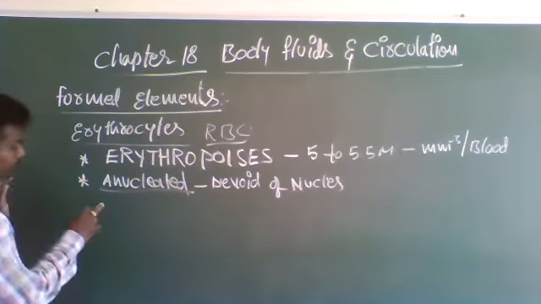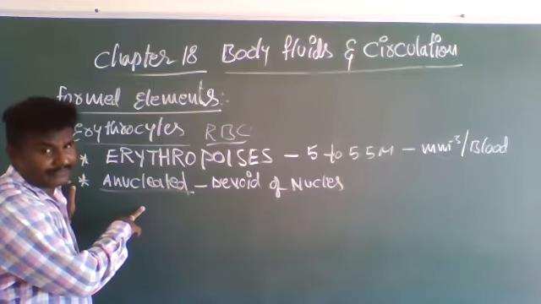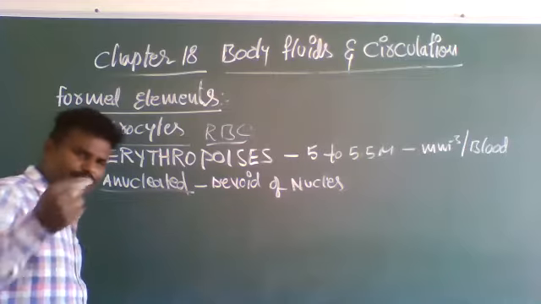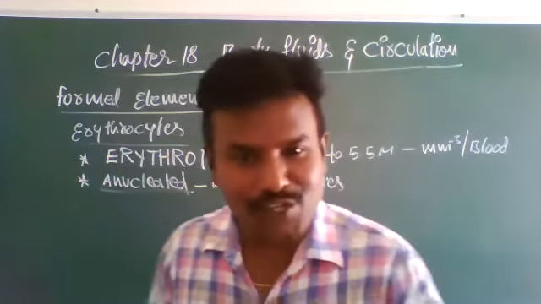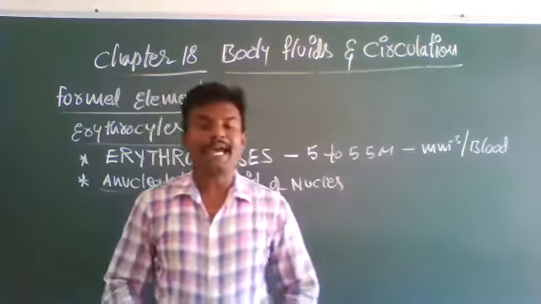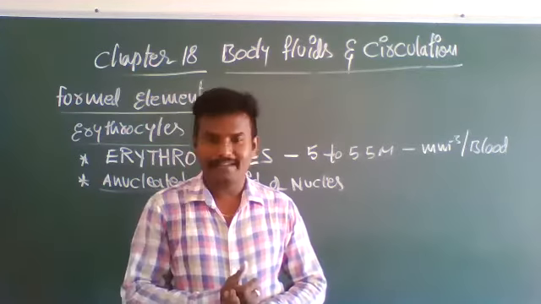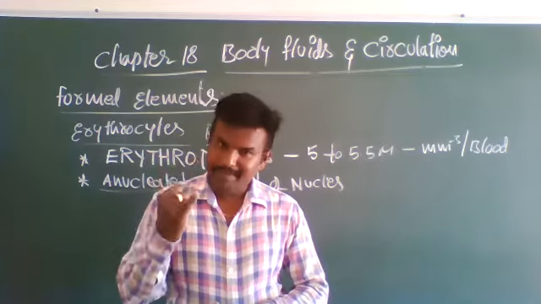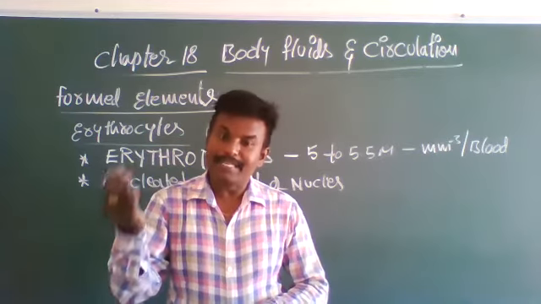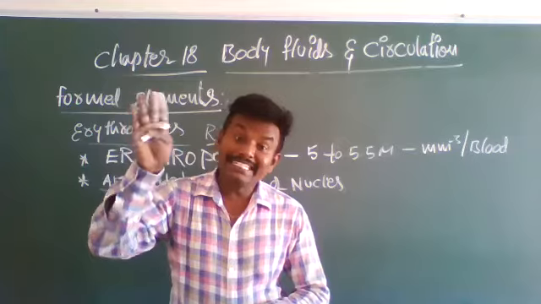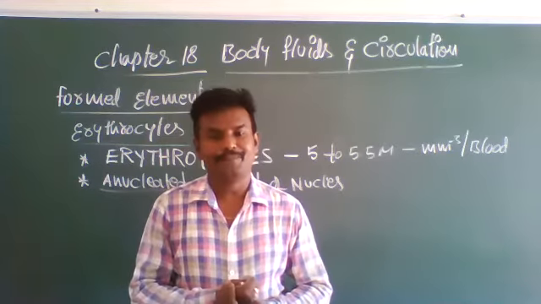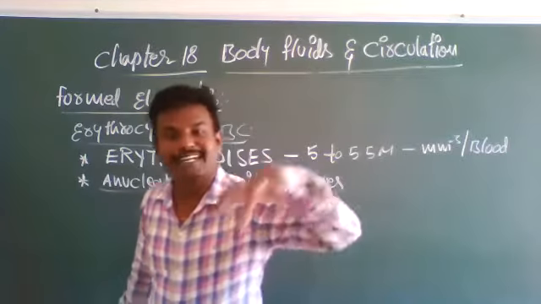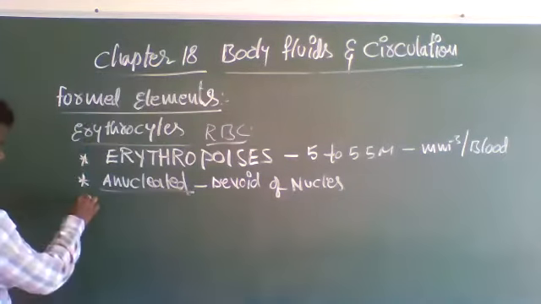Here, no need for confusion. In our body, mature red blood cells don't have nucleus, but immature red blood cells contain nucleus. That's if you go deeply into that point.